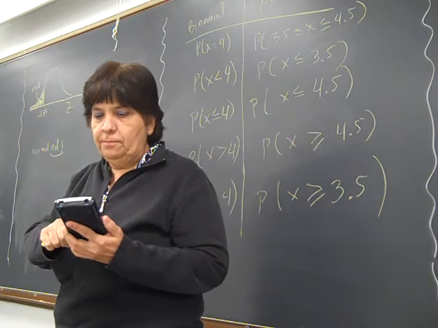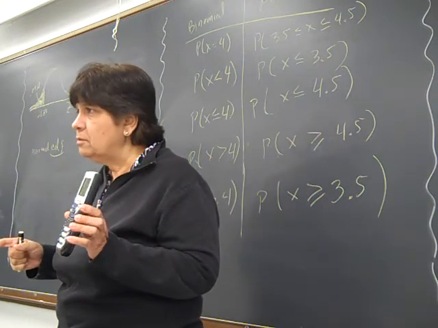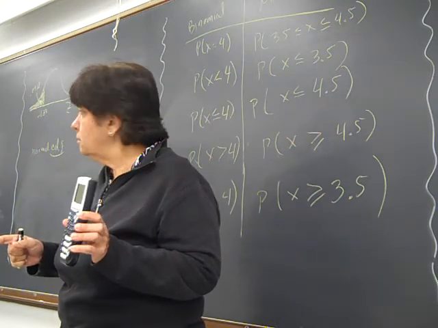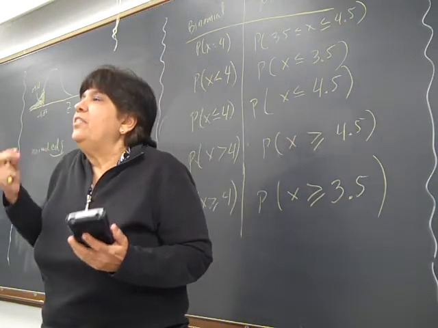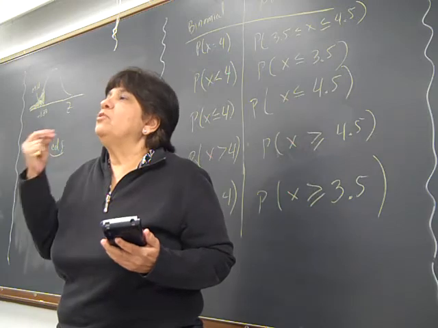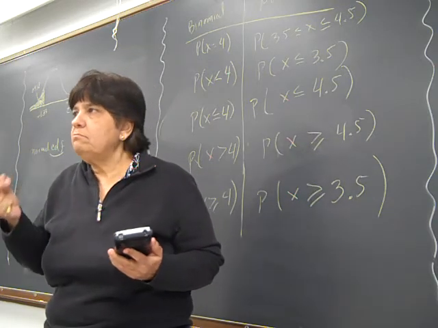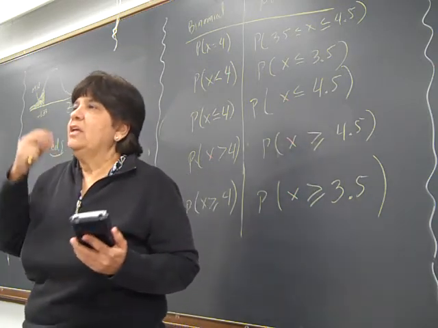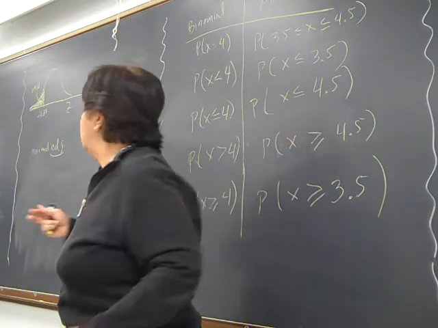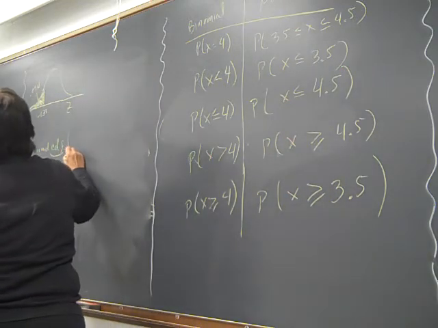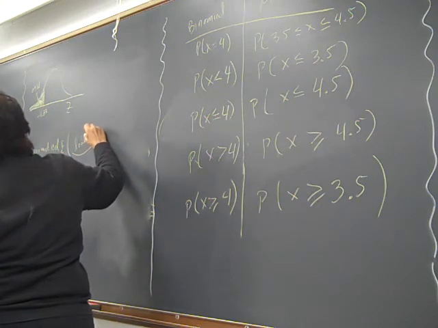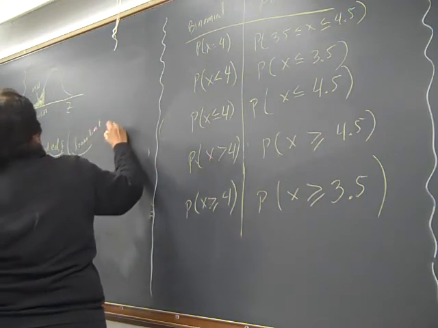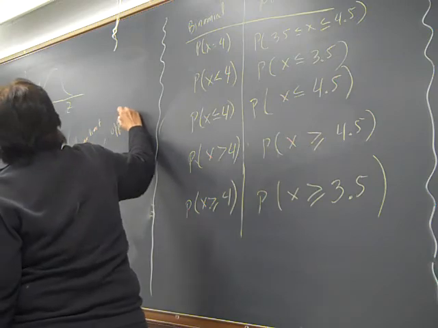That is number 2. Hit enter, and the calculator is going to ask you the parameters. The parameters are the lower limit, comma, the upper limit.